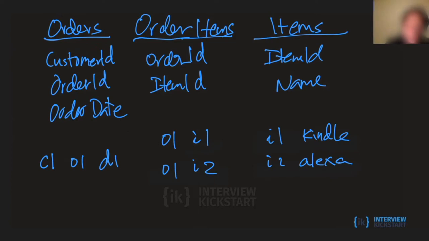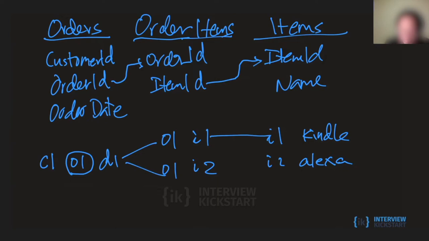Okay. So in this case, we can join the order table and the order item table with the order ID. Then we join the order item and the items with the item ID. If we join this together, we know that this one is associated with these two, and this one is associated with this one.